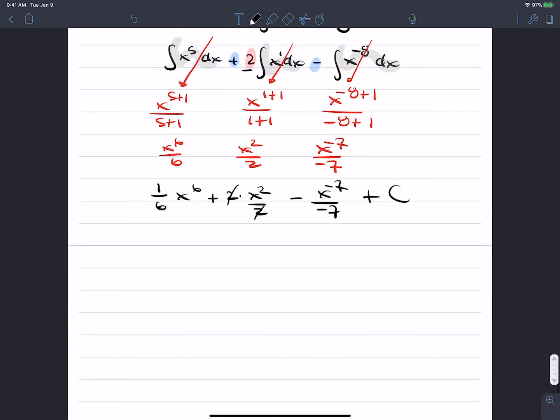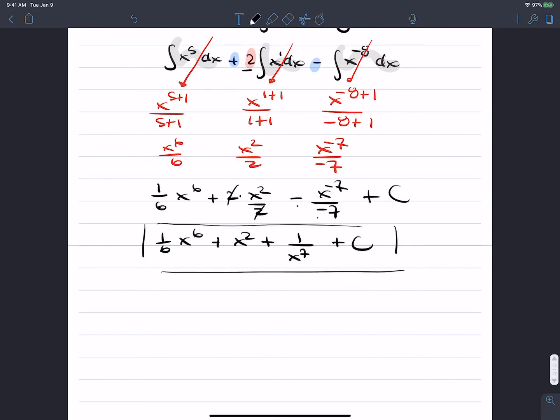So we can simplify a little bit here and say this is 1/6 x to the 6 plus x to the second power, minus the minus makes this a plus, 1 over x to the 7th power, because x to the minus 7th power is 1 over x to the 7th, and add your constant. And you're done.